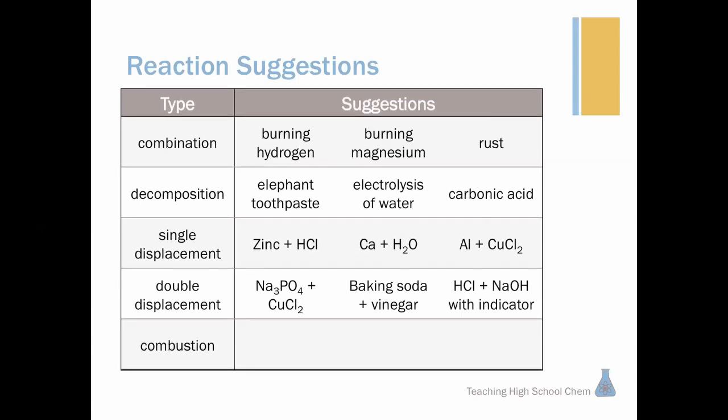Double displacement. Baking soda and vinegar is one. Hydrochloric acid and sodium hydroxide with an indicator, phenolphthalein, changing color. But this is my go-to. Once again, I'm using copper chloride. Copper chloride is a blue solution. Sodium phosphate is colorless. It looks like water.